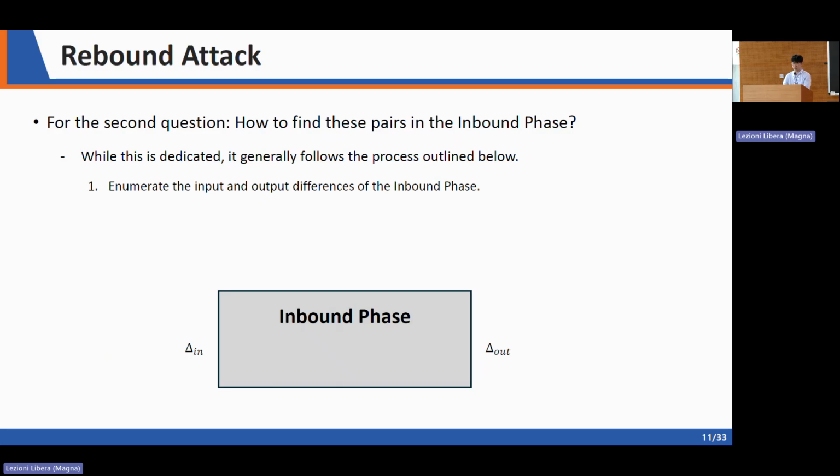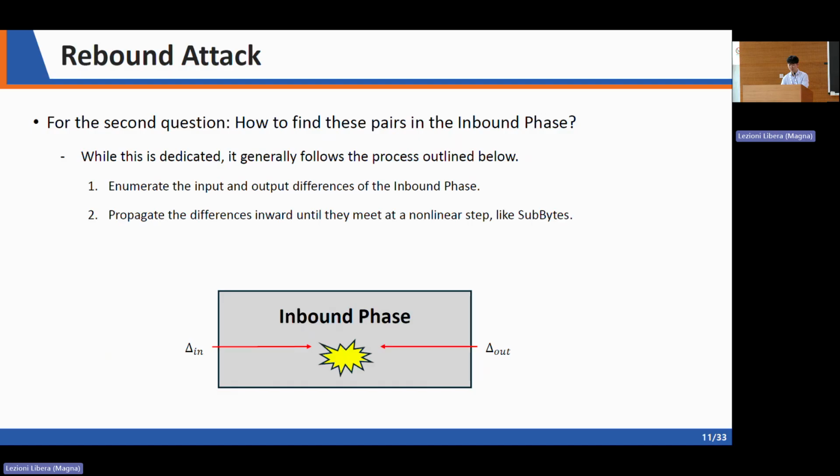We enumerate the input and output differences of the inbound phase, delta in and delta out. Next, we propagate these differences inward until they meet at a nonlinear step, like SubBytes. Finally, we solve the S-box differential equations and propagate the values outward.